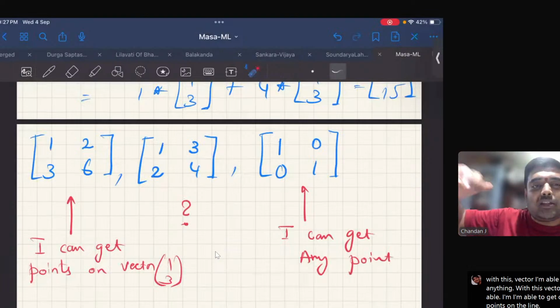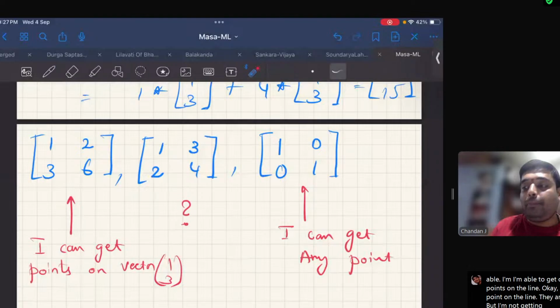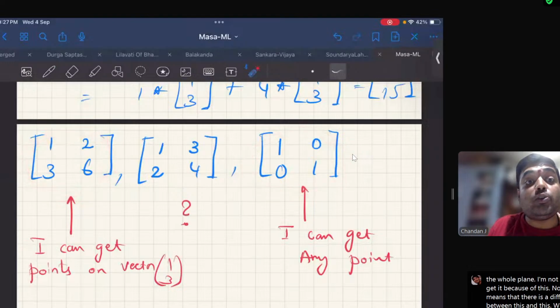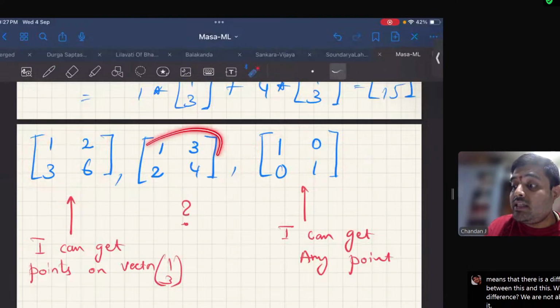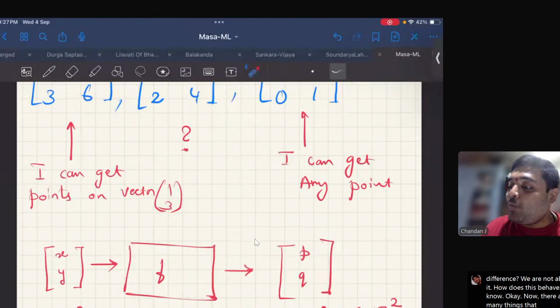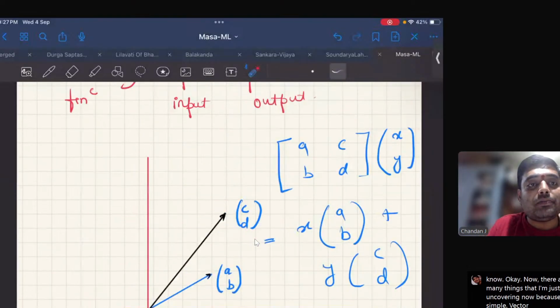Even the points on the line, they are in R2, but I'm not getting every point on the whole plane. That means there is a difference between this and this. What is the difference? We are not able to see it. How does this behave? We don't know. There are so many things that are just uncovering now because of a simple matrix vector multiplication.